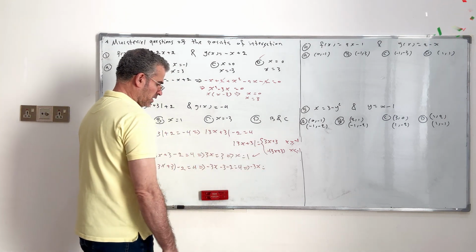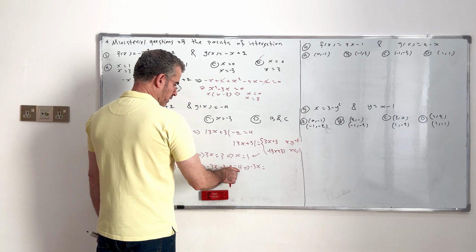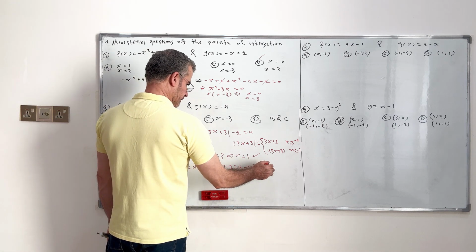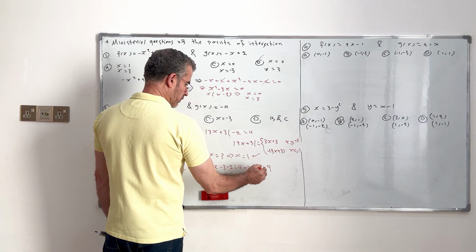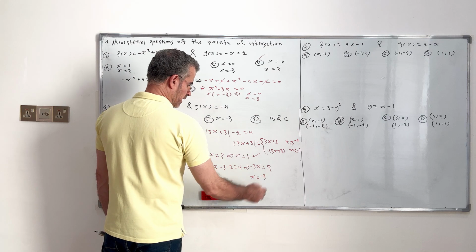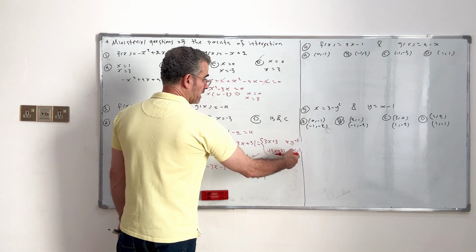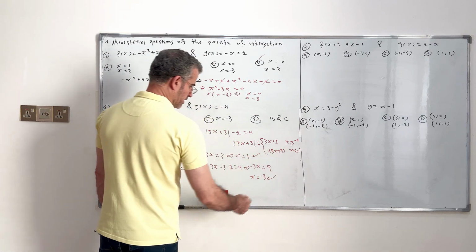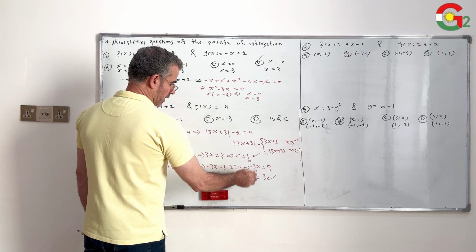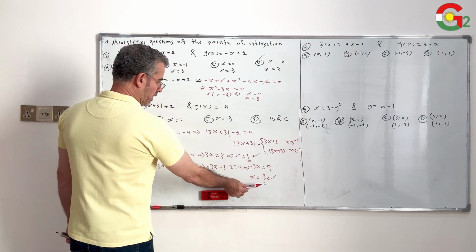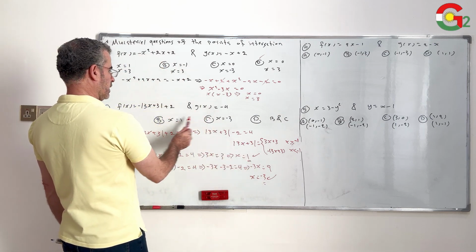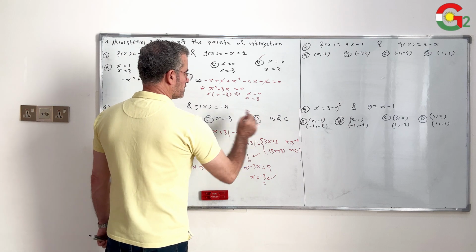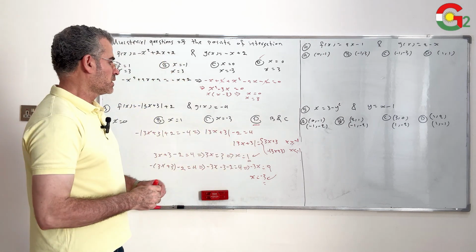Take it to the other side, positive 5, 5 plus 4, 9. Then x equal to 9 over negative 3, it is negative 3. Negative 3 is less than negative 1, yes, it is an intersection point. Then I have two intersection points, 1 and negative 3. It is B and C, choice number D.